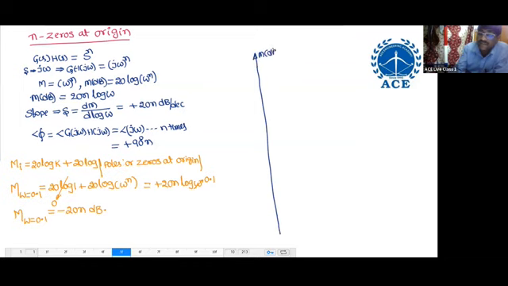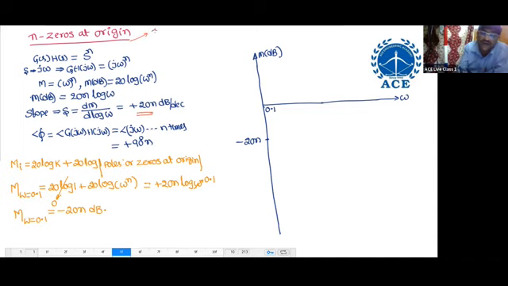Magnitude in dB. Come on. This is omega. At 0.1, where does it start? Minus 20n. And it should move with the slope of what? We got plus 20n.